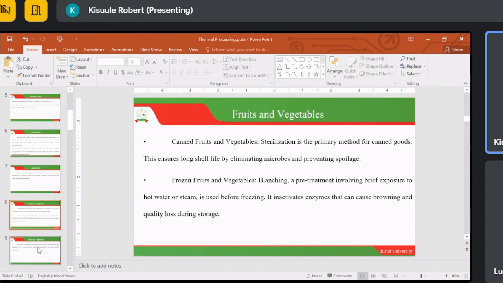So for frozen fruits and vegetables, blanching is a pre-treatment involving brief exposure to hot water or steam, used before freezing. I hope you remember this when we were looking at foods to put in a refrigerator, or things to do to foods that are going to undergo refrigeration.